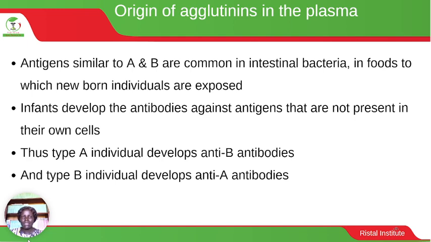So antigens similar to A and B are common in intestinal bacteria and in foods to which newborn individuals are exposed. These antigens are common in the daily food that people eat. As the baby is born, he is exposed to these antigens.